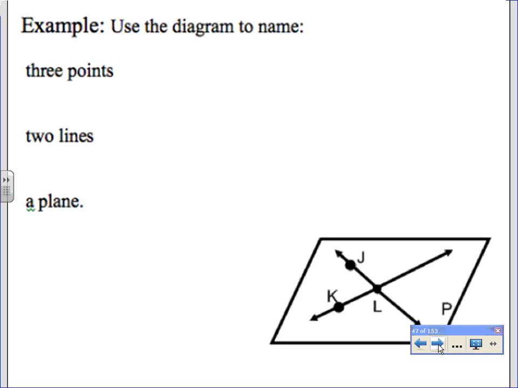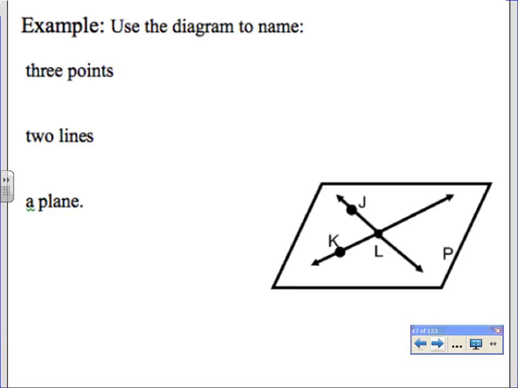Okay, let's take a look at this diagram. Make sure you guys paid attention to that. Can someone name us 3 points that you see here? Amberly? Yep. Good. So point J, point K, and point L. Since they ask us to name the points, you can just list them. Okay, what about 2 lines?